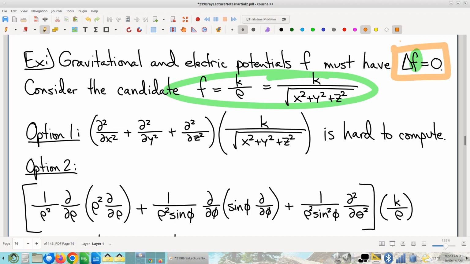You always multiply that with your function. You talking about the F? Yeah. So F is the solution. That is what the gravitational potential looks like, or the electric potential. And we know it works because we plug it into Laplace's equation and we get what we're supposed to get. Does that make sense?